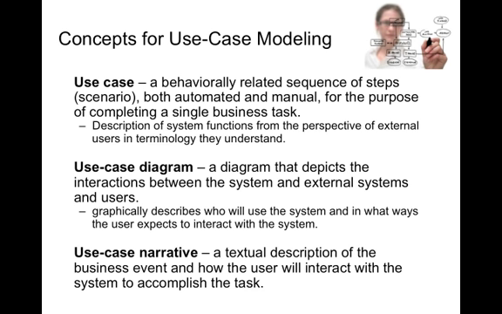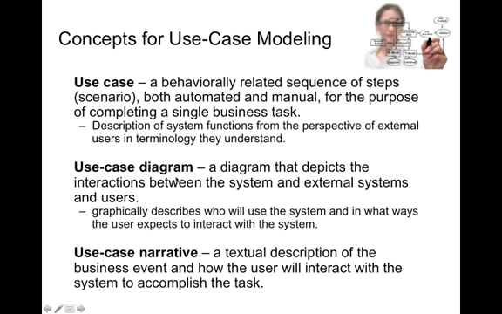These are all of the steps, automated and manual. I type something in, the system does something. I get a response from the system, I type in something else for completing a single business task. I can do this in two ways.